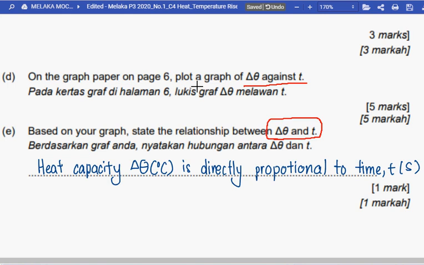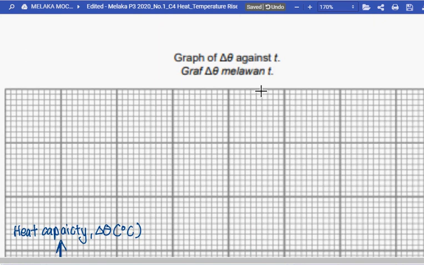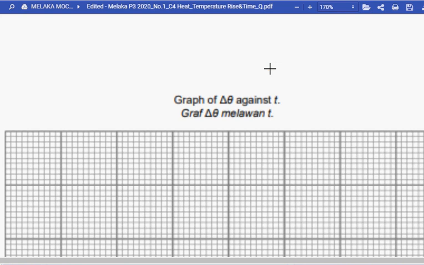So next, you need to plot a graph of delta theta against t. This is the graph already titled. In SPM, normally the graph is already titled like that. So delta theta against t. Make sure the first variable written must be your vertical axis. So delta theta, because this is your responding variable.